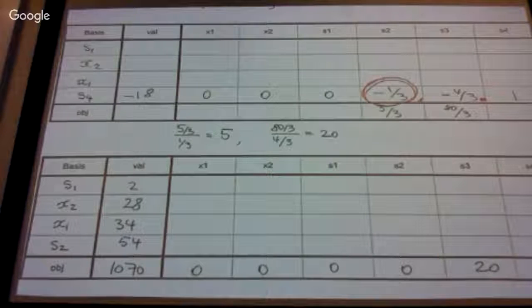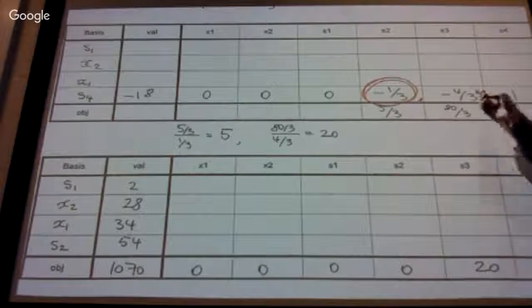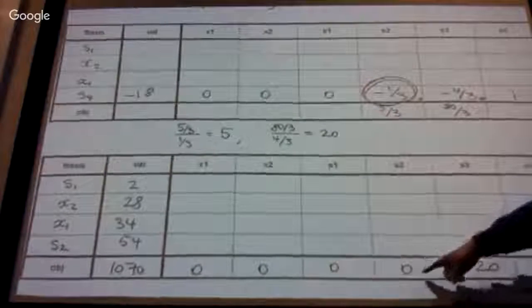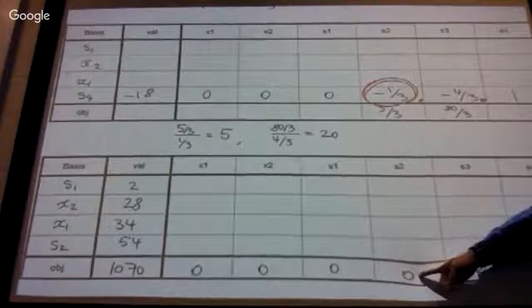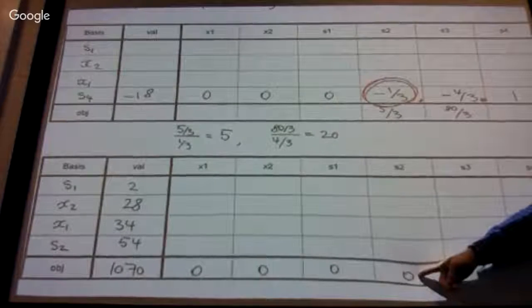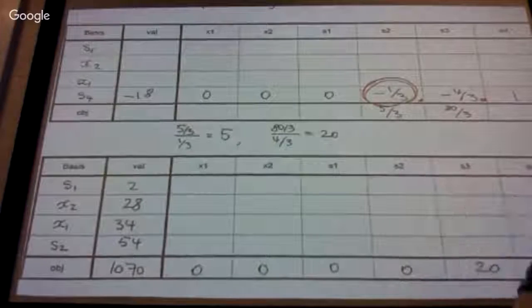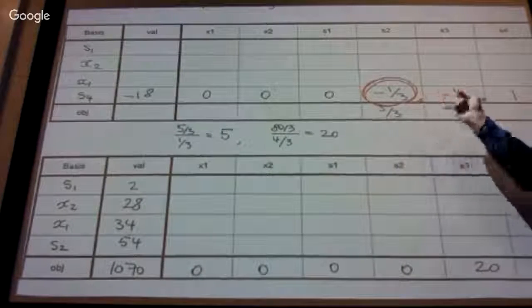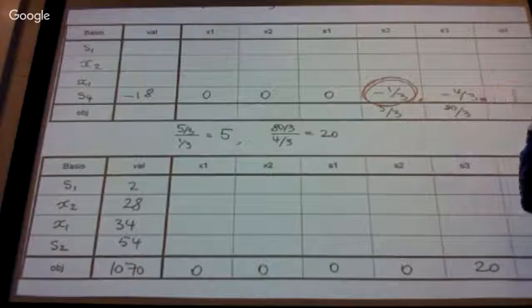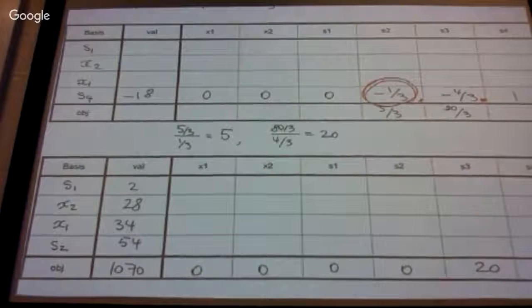Yeah, exactly. If we took this one, that would be negative after pivoting. So it wouldn't be optimal, but we don't want that. That's the purpose of doing the ratios in this case.